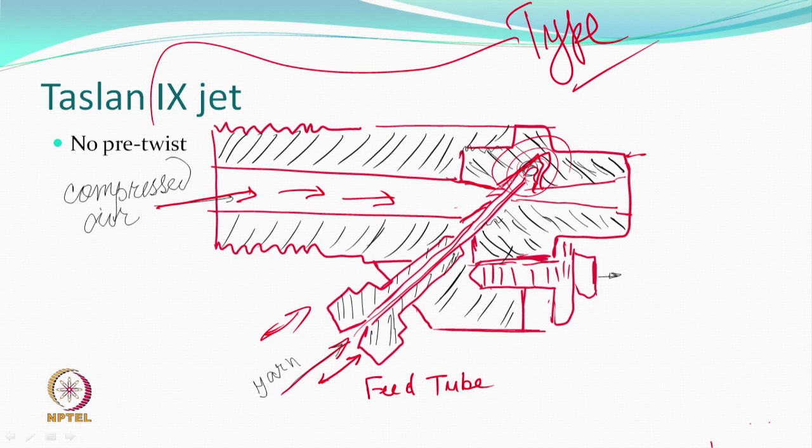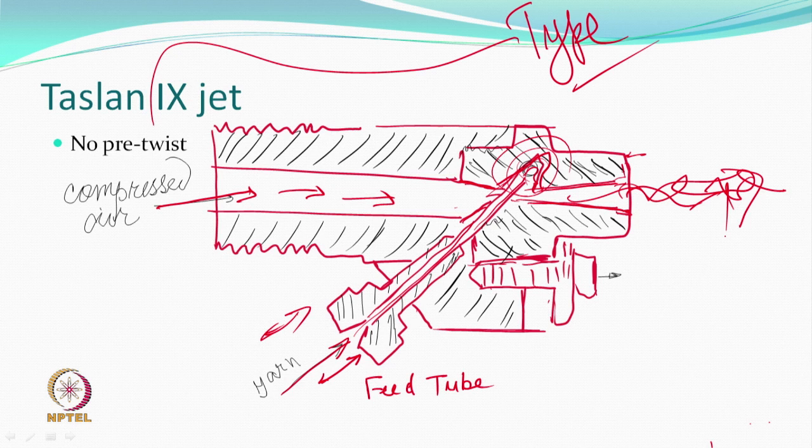So, high pressure because area is less. There will be some additional turbulence, and then another attachment, which is obviously different at different parts. The feed tube can go in and out, and this particular exit of the jet can also be moved in one direction or the other based on the requirement, and the textured yarn would come out entangled from this side.